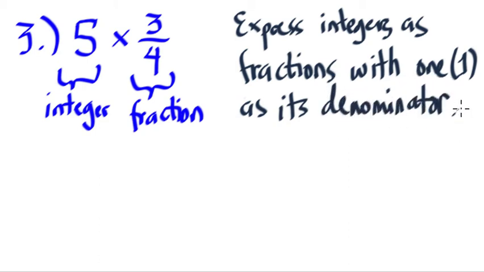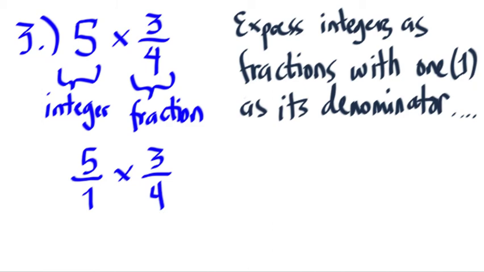Then we proceed to multiplication. So we have 5, and if we imagine 1 as a denominator, 5 over 1, that will be it, because 5 divided by 1 is still 5. So times that to 3/4.